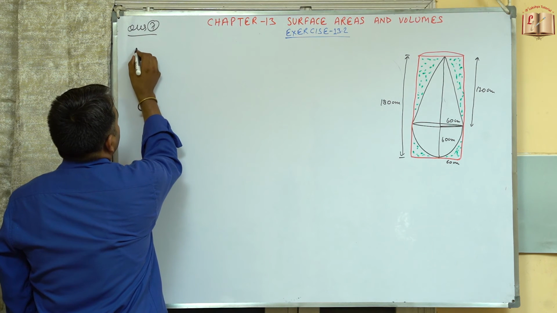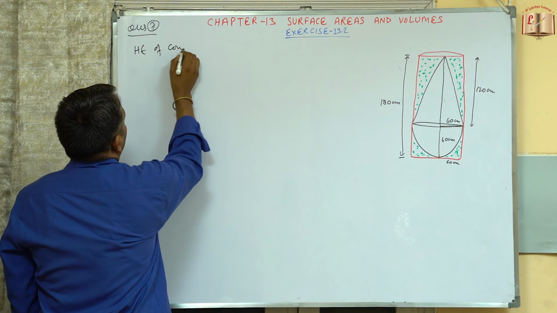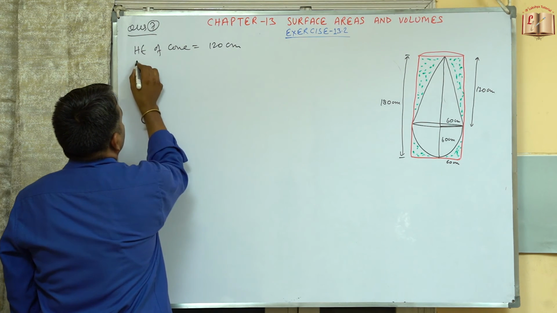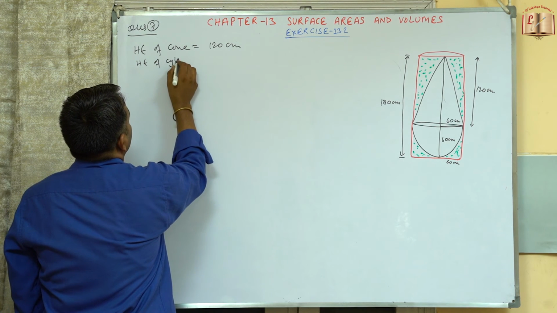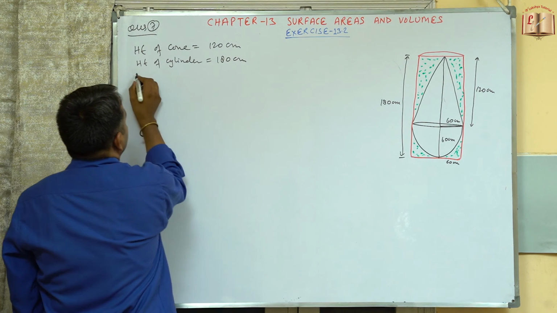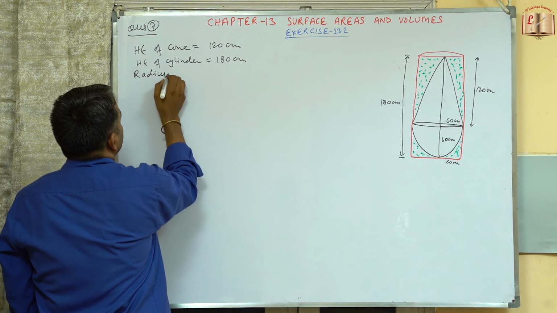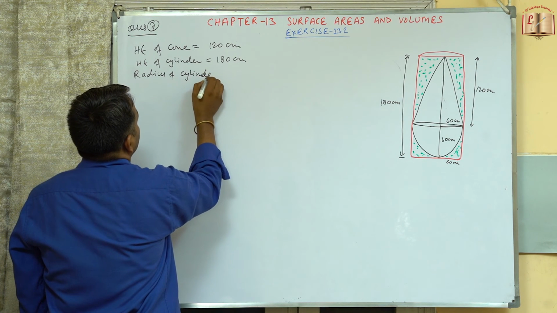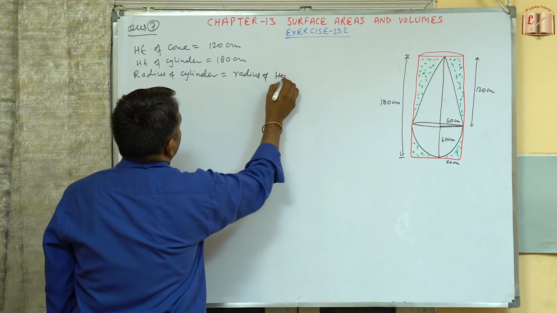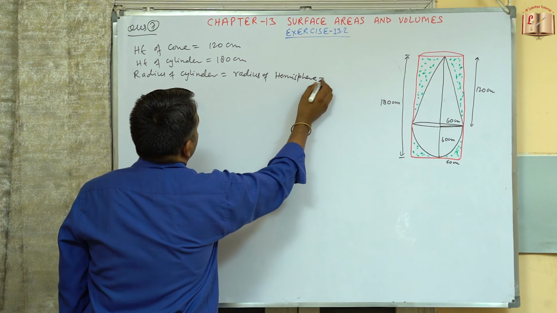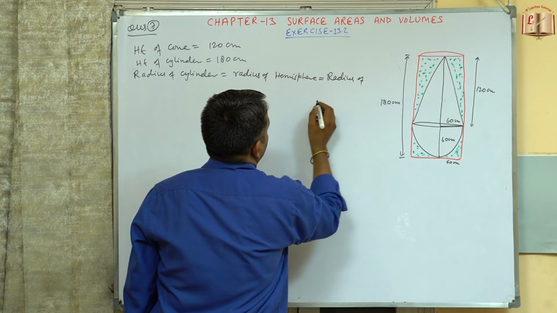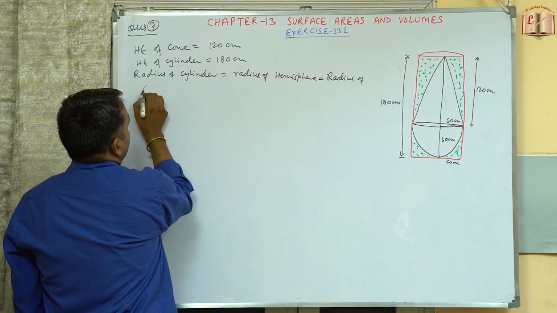So we can find out the height of cone. This is given, this is 120 centimeters and height of cylinder is given as 180 centimeters and radius of cylinder is equals to radius of hemisphere and this is equal to the radius of this cone.